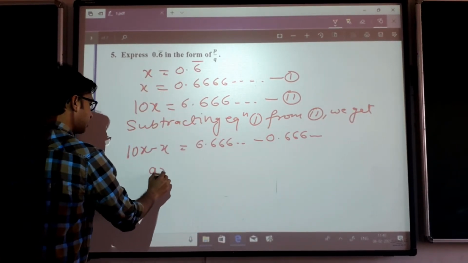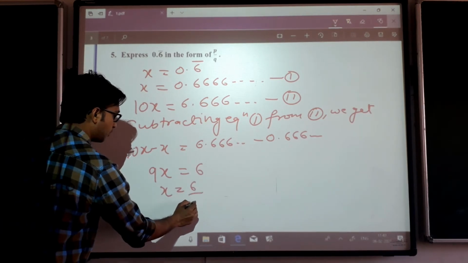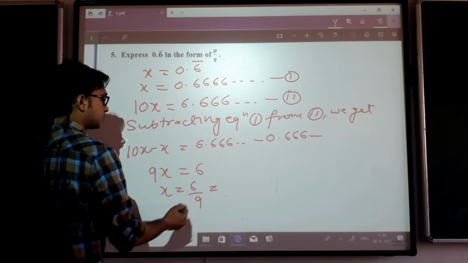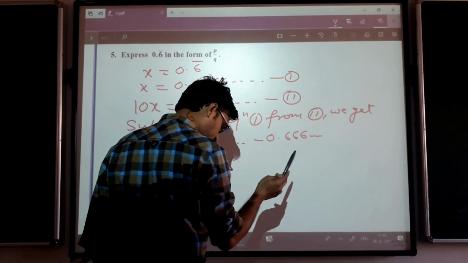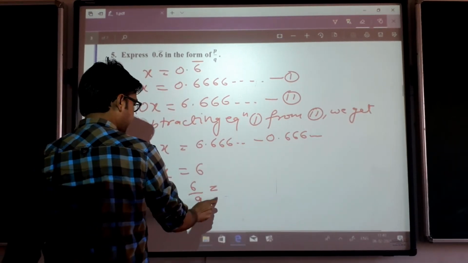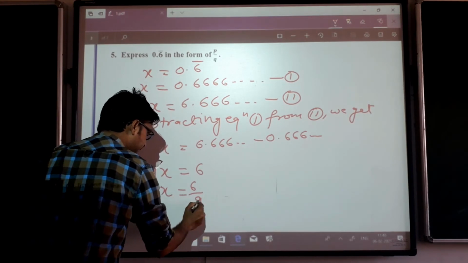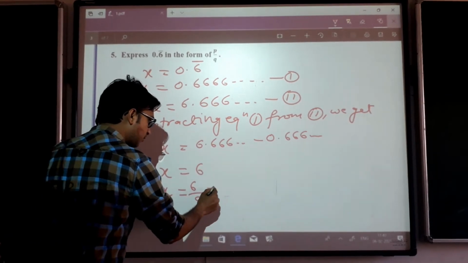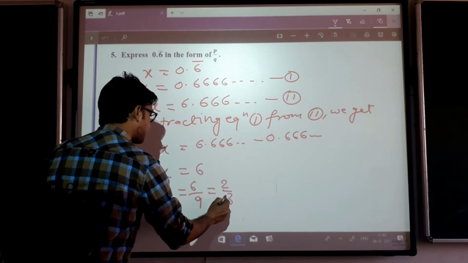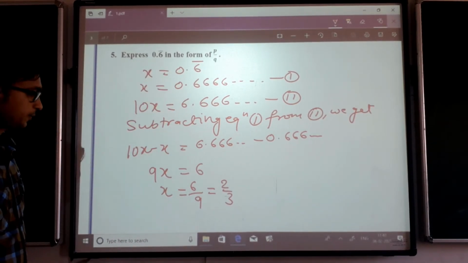So we can write here 9x equals to 6. So which means x equals to 6 upon 9. Just simplify this. So when we simplify by 3, so 3 2 times 6 and 3 3 times 9. So 2 upon 3 is equivalent to 0.6 bar.